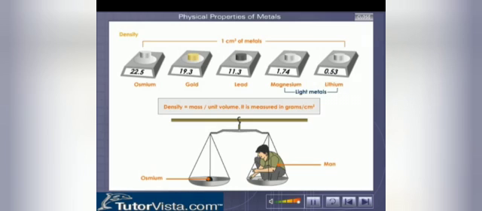The metals whose density is less than 5 grams per cubic centimeter are called light metals. Some examples are lithium, sodium, potassium, magnesium, aluminium, etc. Other metals like iron, copper, silver, gold, etc., whose density is more than 5 grams per cubic centimeter, are known as heavy metals.